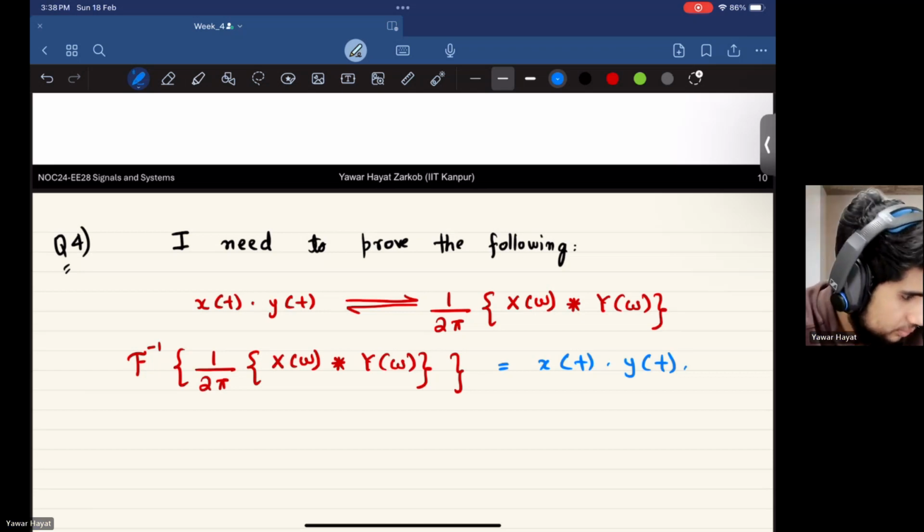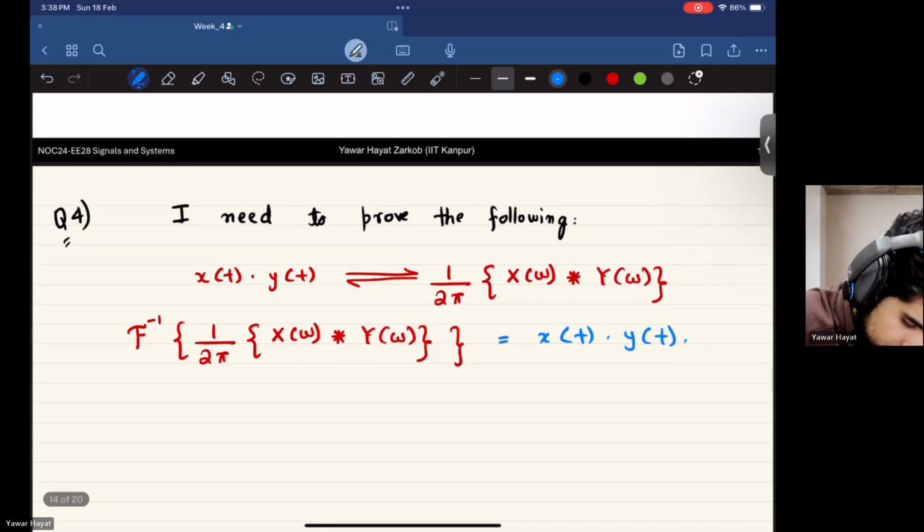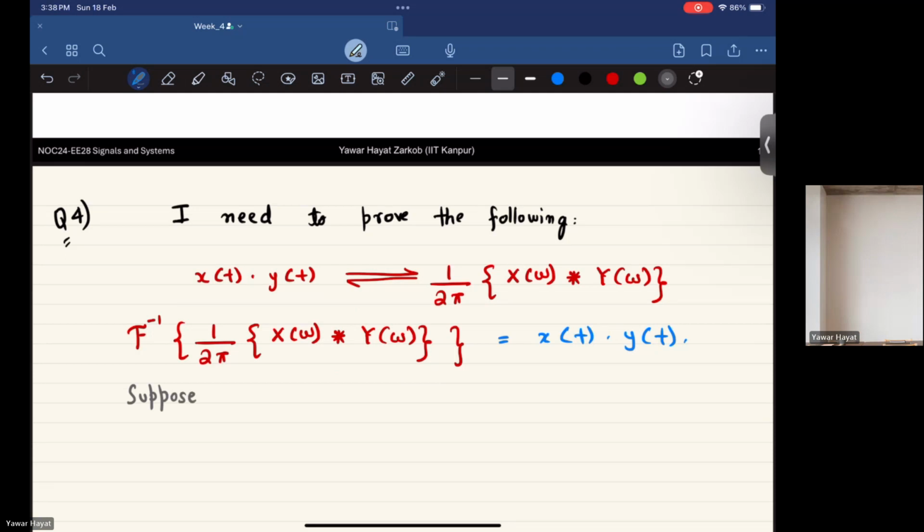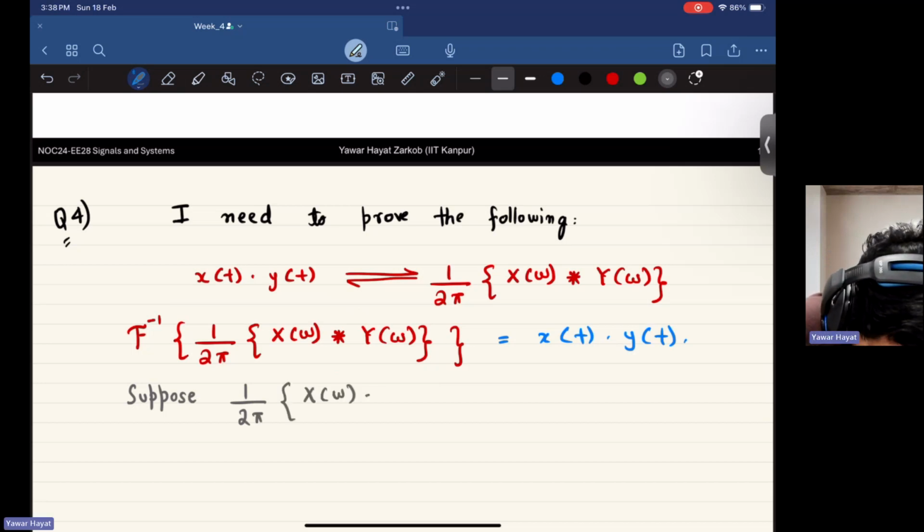Now, we'll suppose that this signal, 1 over 2 pi X of omega convolution Y of omega, let this be Z of omega.